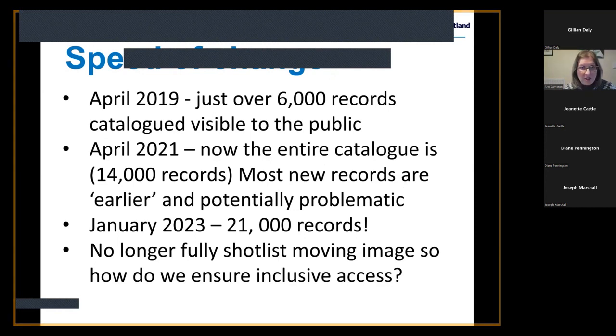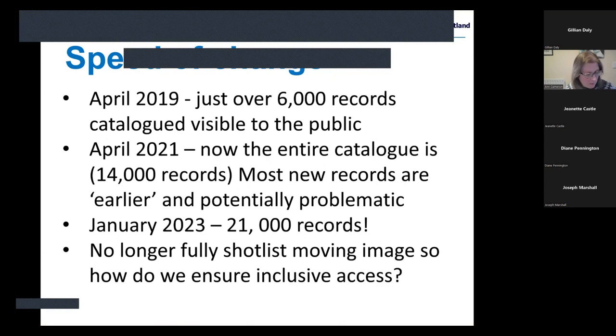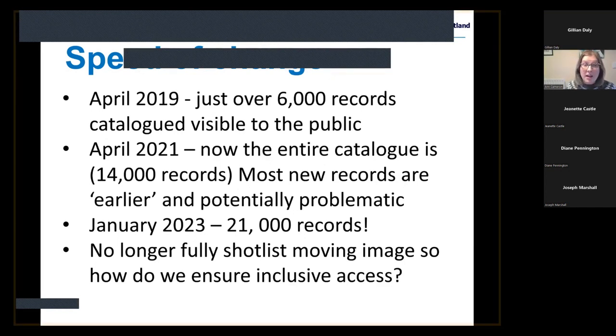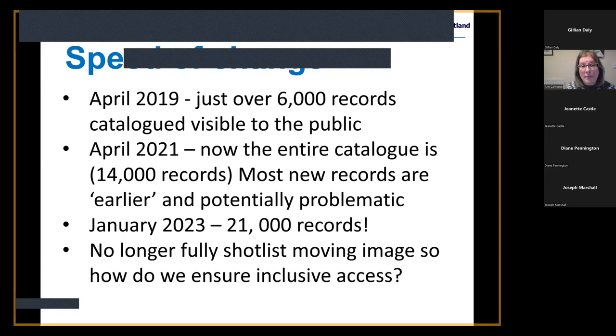So the speed of change, just to give you an indication: in 2019, we had about 6,000 records visible and catalogued online to the public. Two years later, we had over double that, and suddenly they were online.